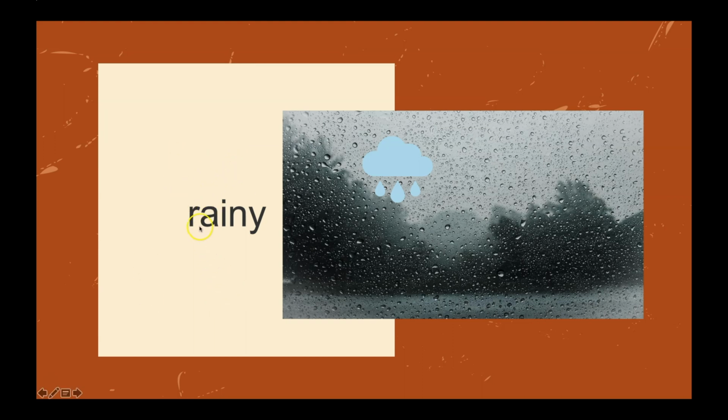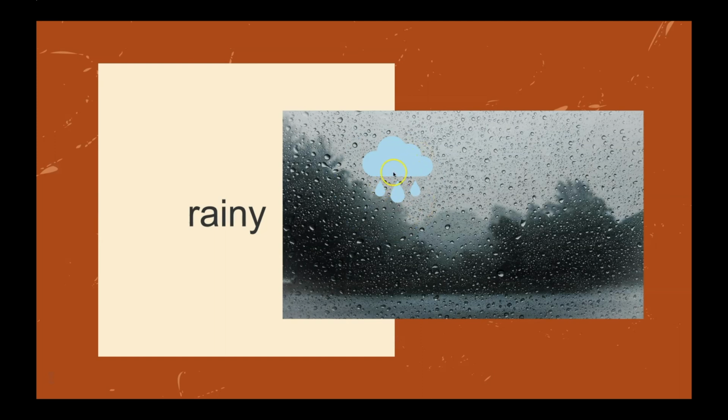Okay, now when we have A and I together, many times they sound like A, like rainy. So A-I many times sounds like A. Like S-N sounds like sn, A-I, rainy. And why is the weather rainy?